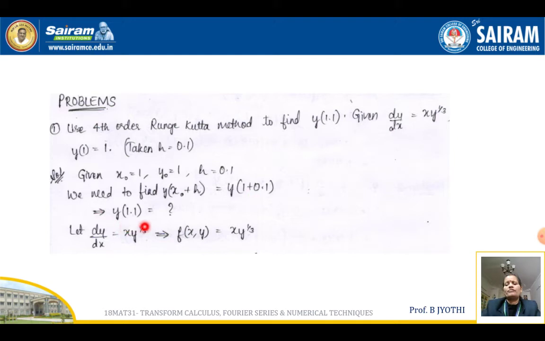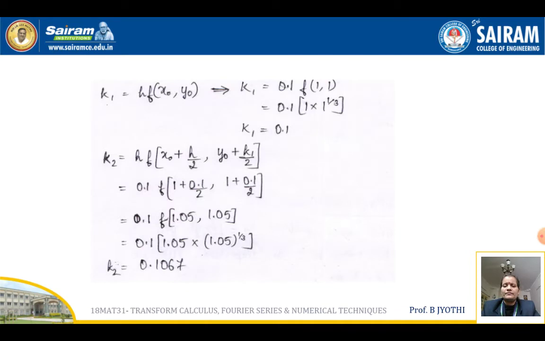So consider dy by dx is equal to x y power 1 by 3, which implies the function of x, y is the given function, that is x y power 1 by 3.